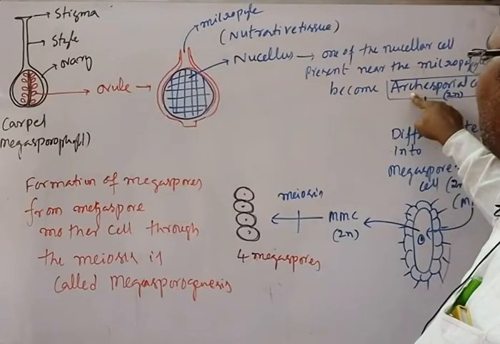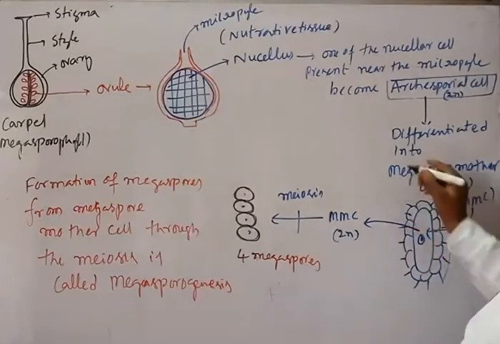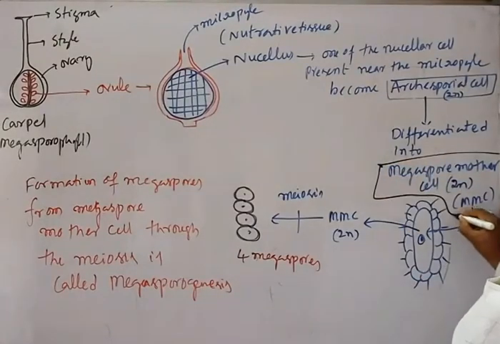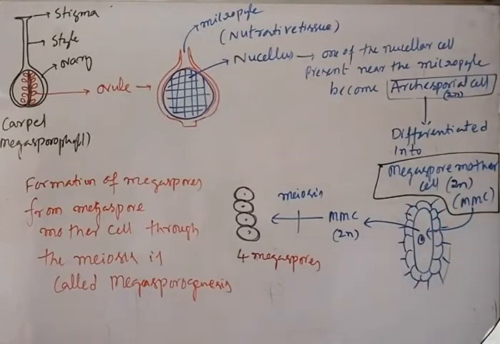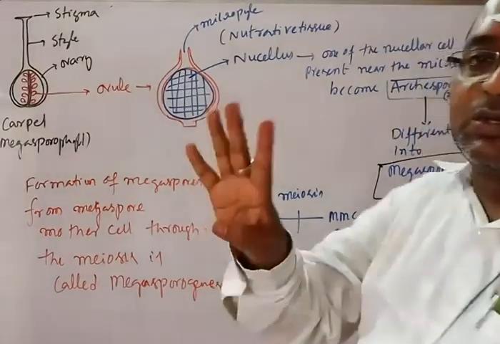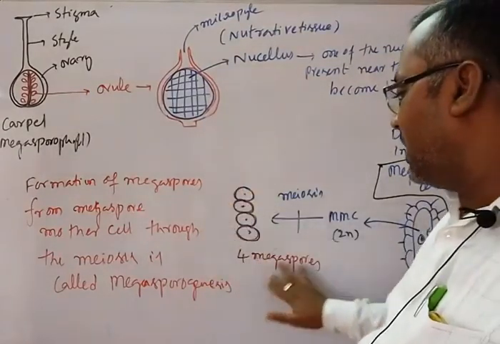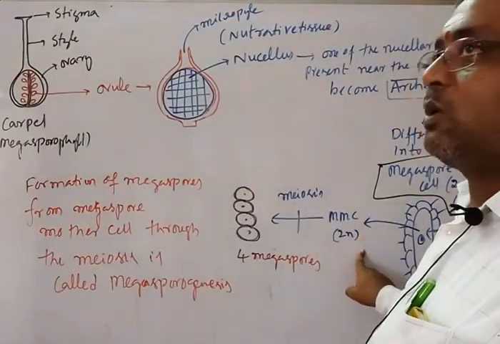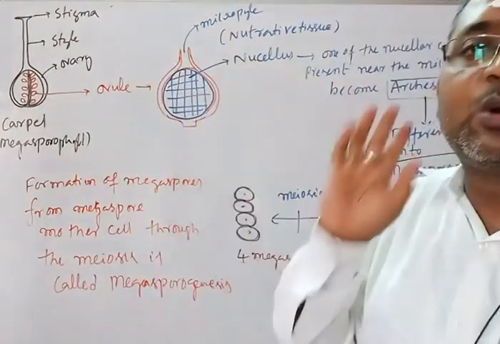This archisporial cell again differentiates into the megaspore mother cell, also called MMC. The megaspore mother cell then divides by meiosis and gives 4 megaspores. This process of formation of megaspores from the megaspore mother cell through meiosis is called megasporogenesis.